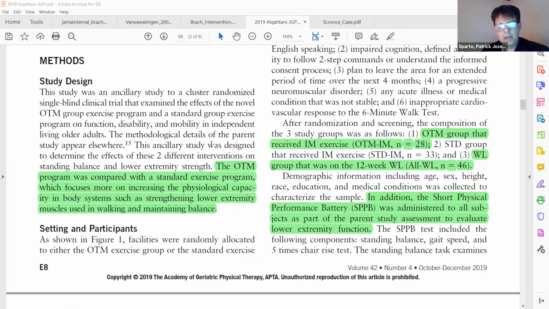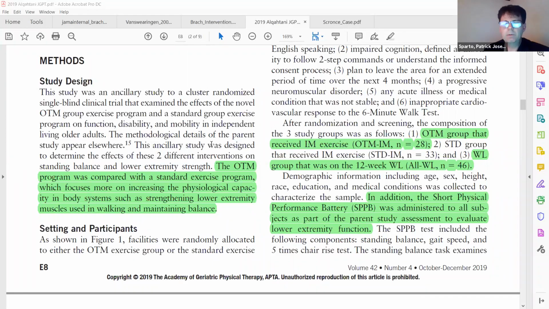So for the parent study, they looked at a group exercise program because they wanted to have a delivery and scale this up eventually so that it could be administered on a much larger scale. And really the only way to do that is through group exercise programs.